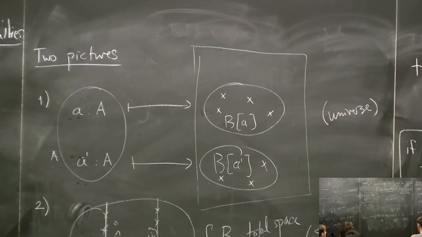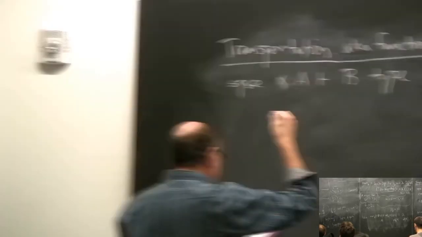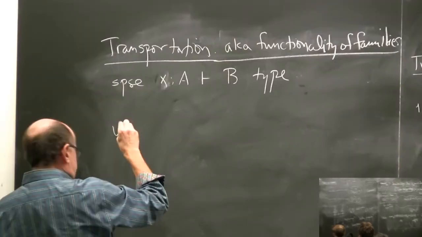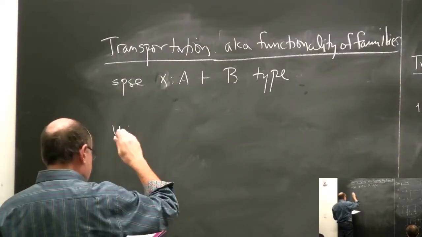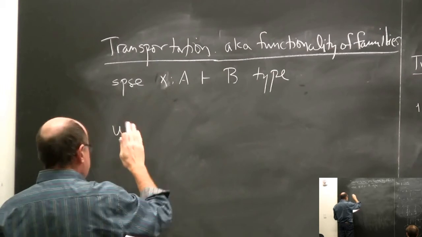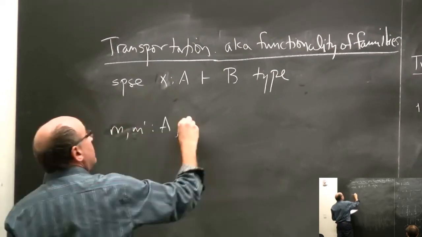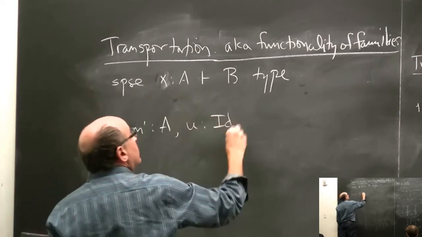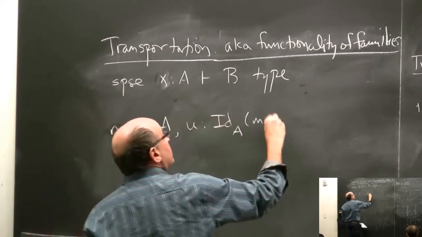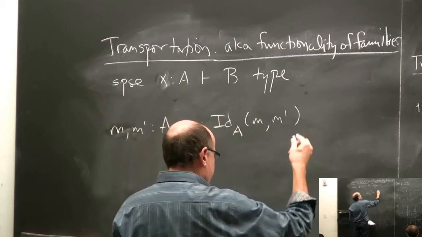So the ground zero for this, the way we get started, is with transportation. I want to say there is a map with the following property. Let me get my notation down here. I have M and M prime in A. I have U, which is an identification of M and M prime.